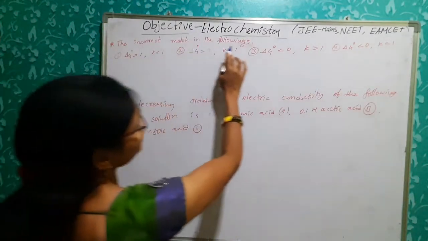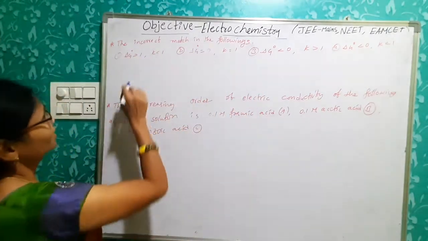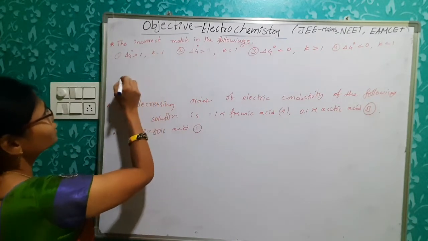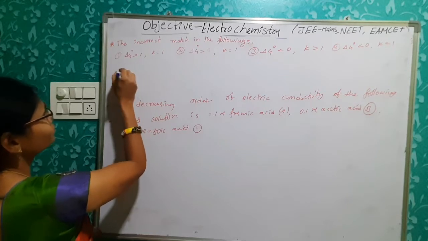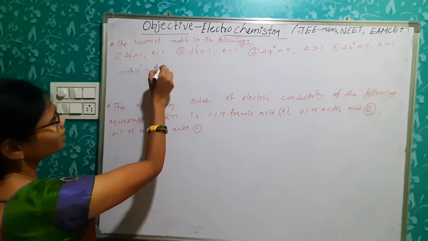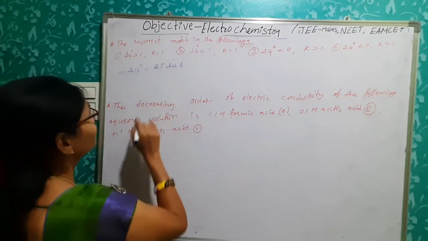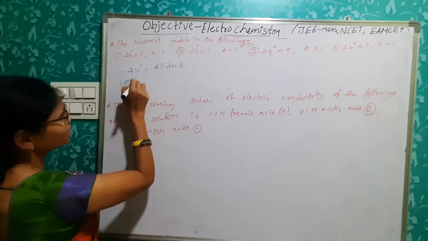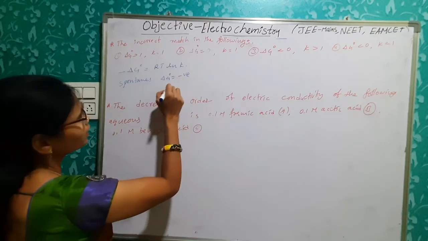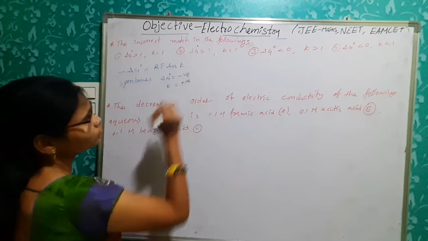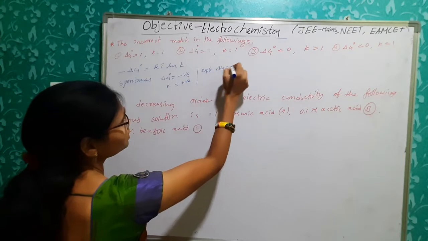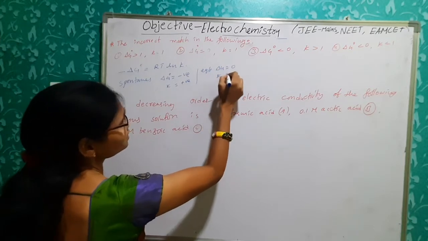The incorrect match in the following. See here, delta G versus K. What is the relation between them? Delta G naught is equal to minus RT ln K. So for spontaneous reactions, delta G is always negative and K, the equilibrium constant, is greater than 1. For equilibrium reactions, delta G is 0 and K is 1.